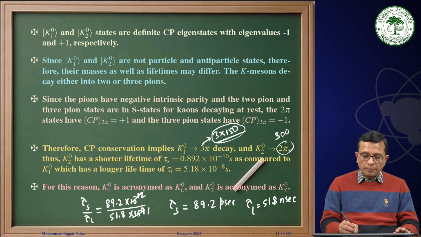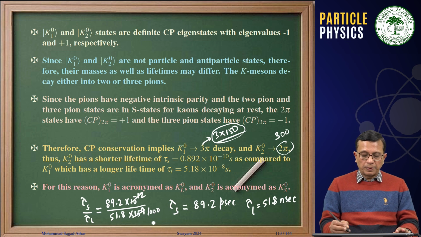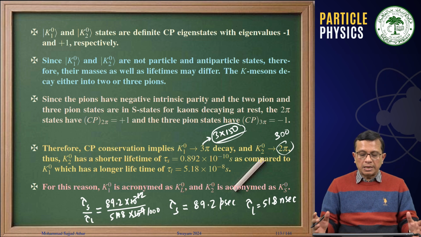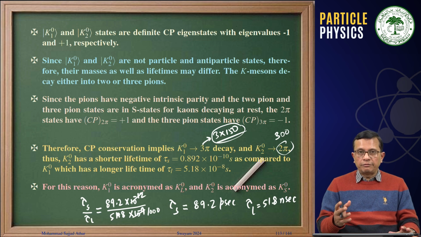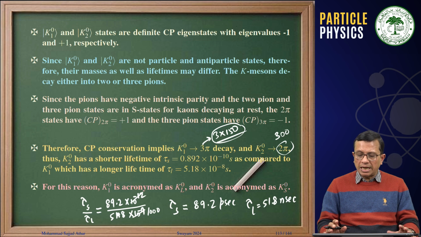In the denominator we will have a factor of 1000, and this will result in a large value in the denominator. Therefore, tau s by tau L will be equal to 1 upon say 570 or something like that. That we will discuss later in this class.